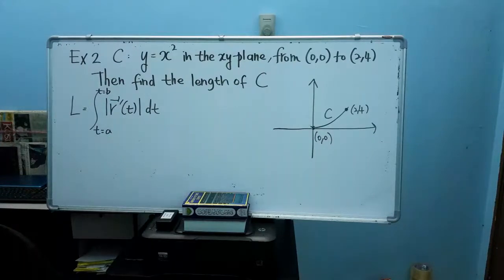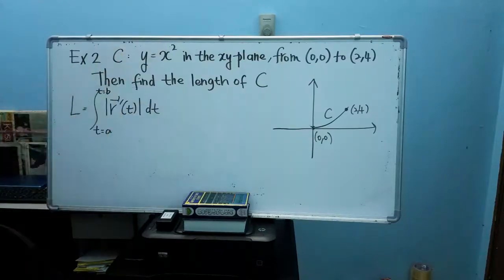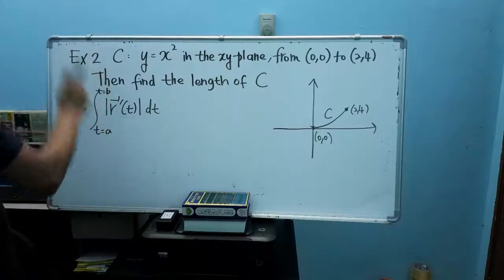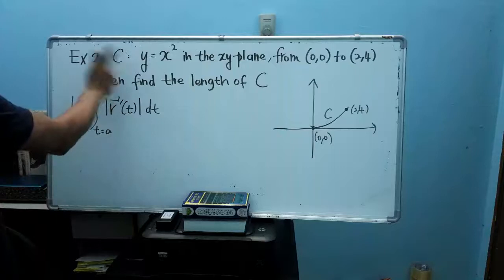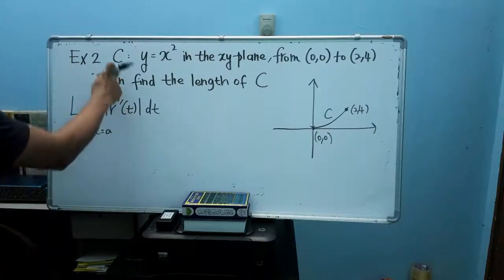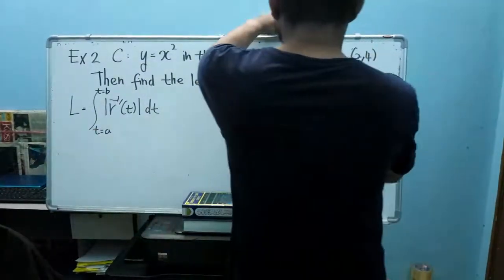Of course, in this second example you don't have r(t). If you don't have r(t), the first thing you need to do is find r(t) defined on C. How to find r(t)?